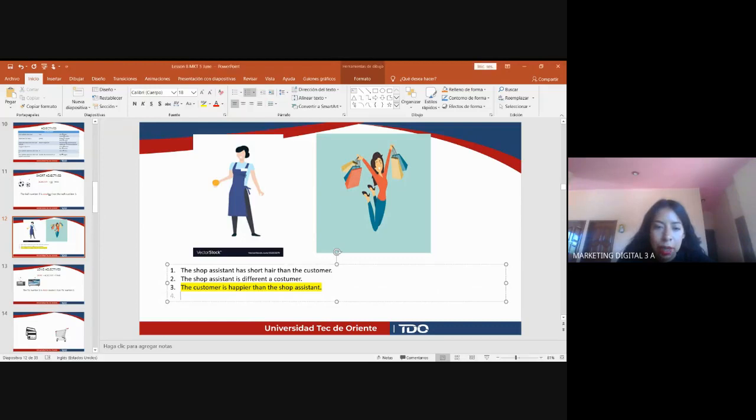But here we have it like the shop assistant has, let's say, shorter hair than the customer. Aquí ya estamos bien because we have one syllable, one short adjective, and the work done.